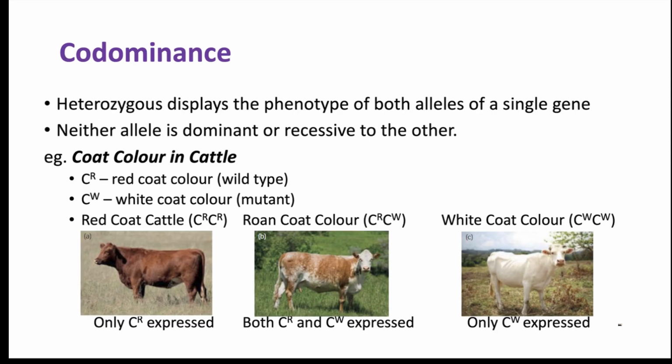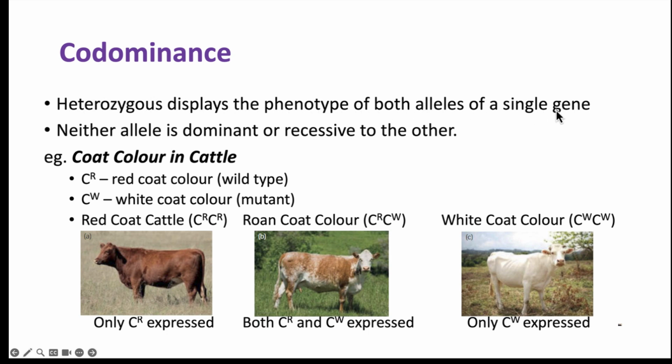But there's also codominance. Now, I think of codominance as cow dominance because the classic example is for cattle, the color of the coat for cattle. So what is codominance? The heterozygous genotype displays the phenotype of both alleles of the single gene.